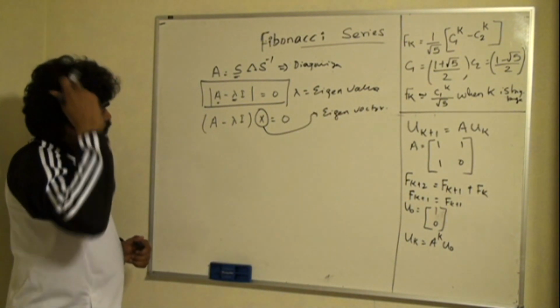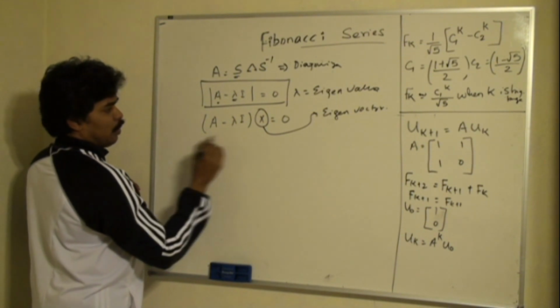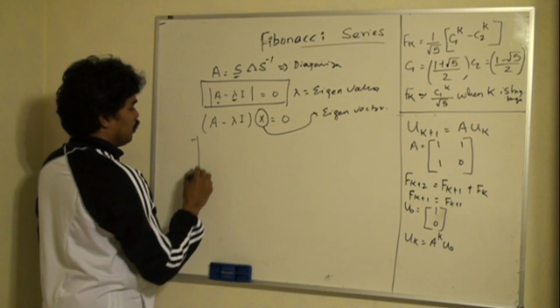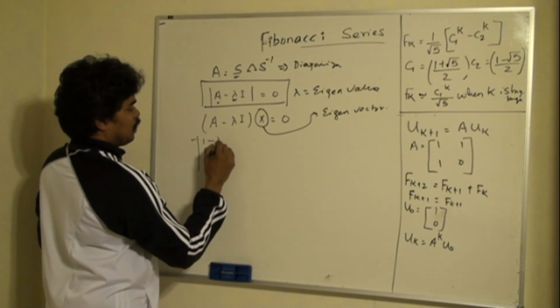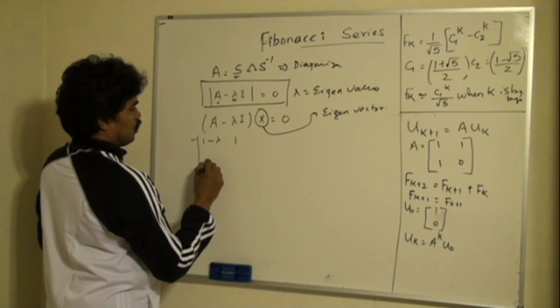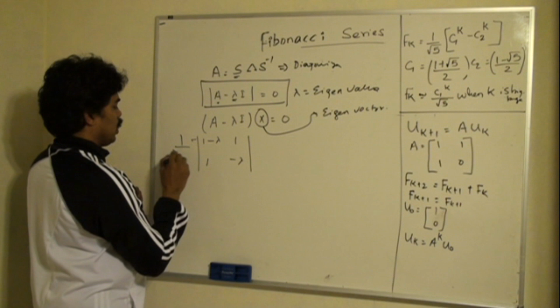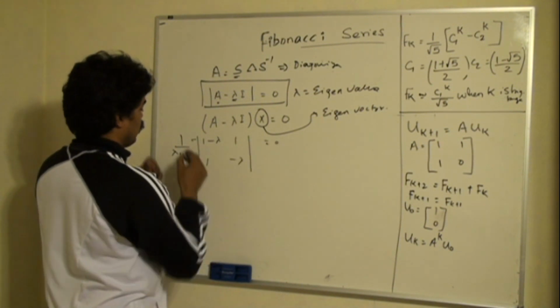Okay, so let's get the eigenvalue now. We know A. So A minus lambda I, and we have to get the determinant of it. 1 minus lambda, 1 minus lambda. Determinant, again you get the cross product of it, but anyway we are going to equate it to 0, so it doesn't really matter.